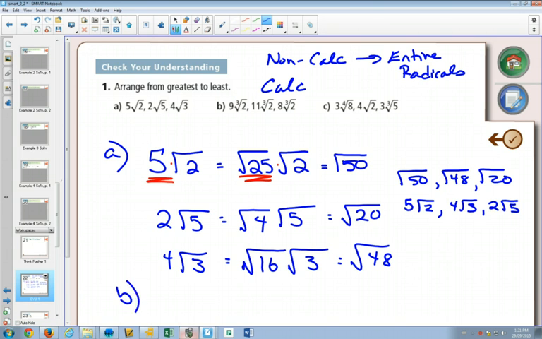B you can do with non-calculator as well, and you can even skip the step of changing them to entire radicals, because we have 9 cube roots of 2, 11 cube roots of 2, and 8 cube roots of 2. Which one do you think is the biggest? 11, because they're already in the same radicals. In fact, they're already like terms.